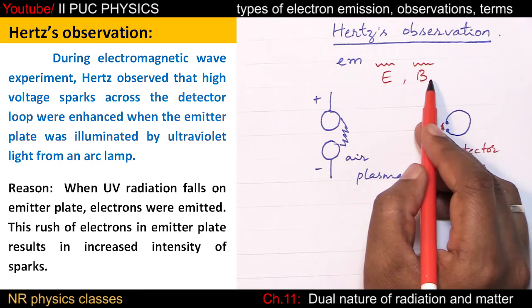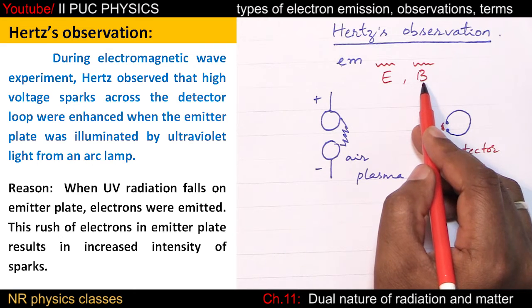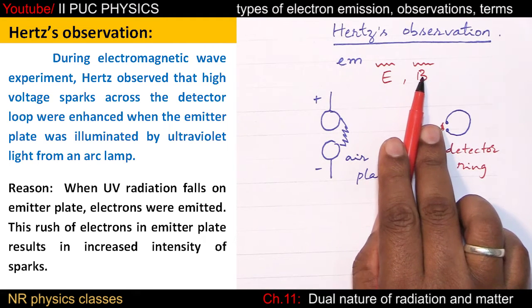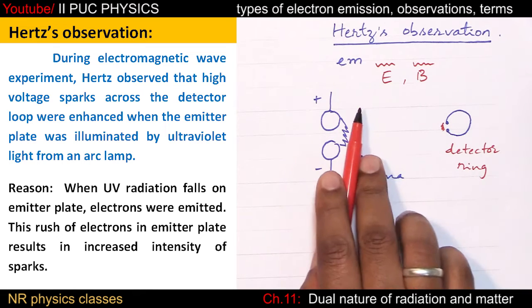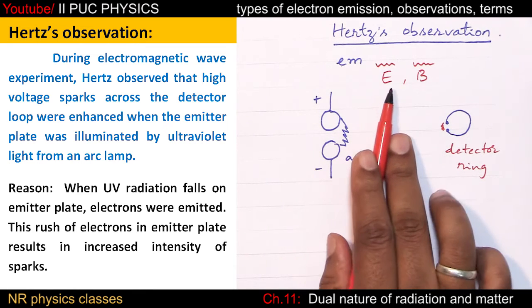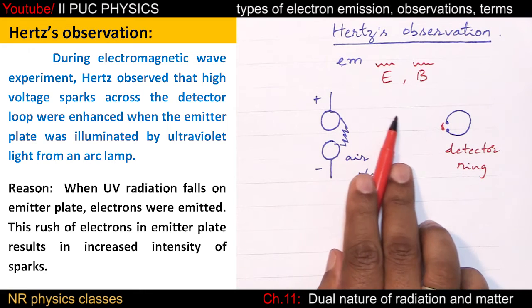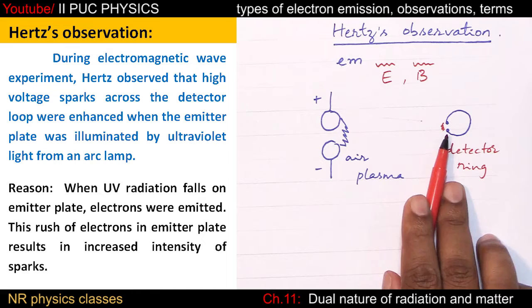Students, you have studied Faraday's laws of electromagnetic induction, right? The varying magnetic field induces EMF. If the light has periodically varying electric and magnetic fields, then that light can induce a potential difference.